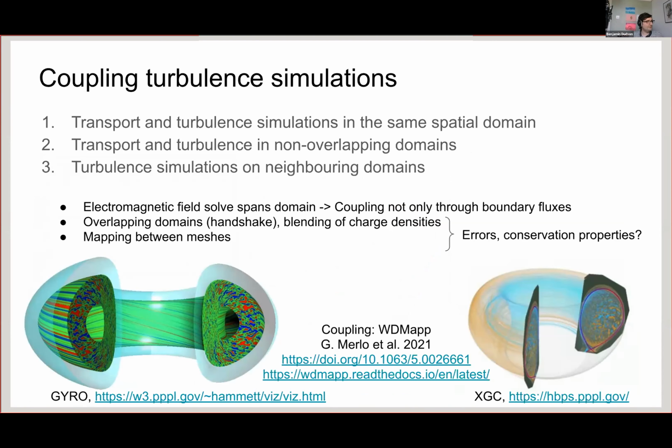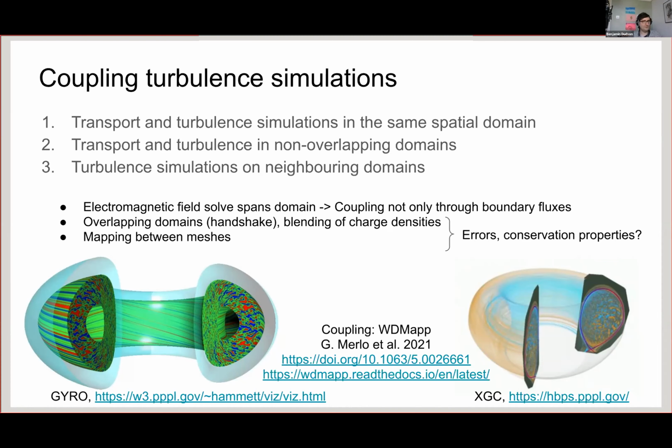And finally, there's this problem of how you couple turbulence codes which are simulating slightly different regions. Here the challenge is really that the fastest coupling is through the electromagnetic fields, because plasmas are charged, well, the components of them are charged.